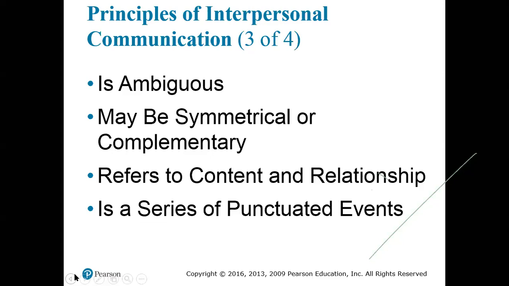But in some ways it's symmetrical. Somebody's a rival of somebody at work, and so they're rivals in all ways. Or they're complementary, which is that they interact by acting differently, but achieving the same goal.